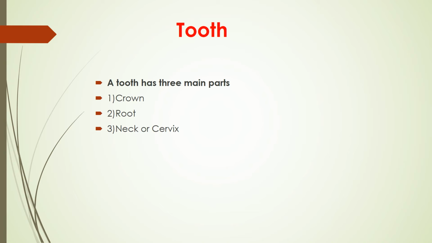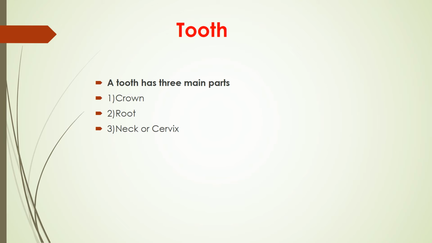A tooth has three main parts. One is the crown, second is the root, and third is the neck, also called the cervix. First, the crown. This is the visible part of the tooth, covered with a glistening hard substance.